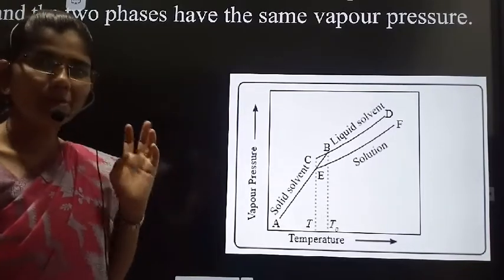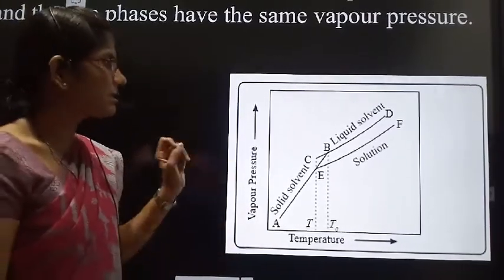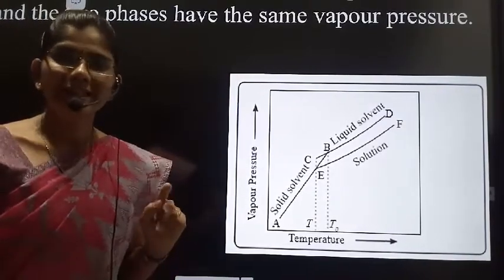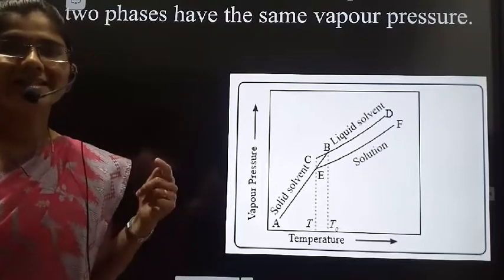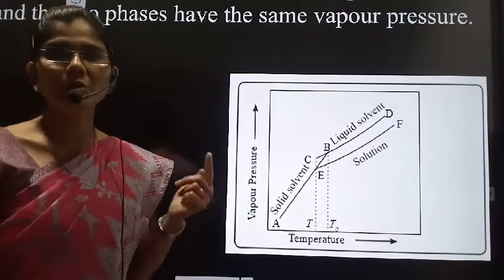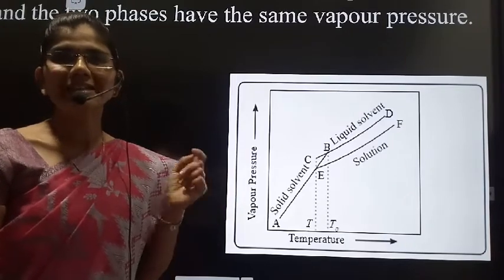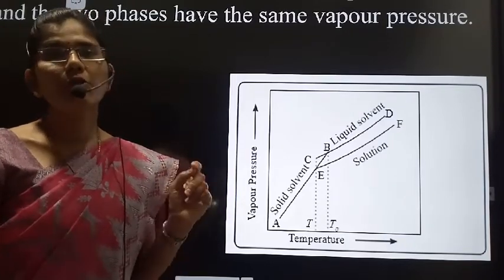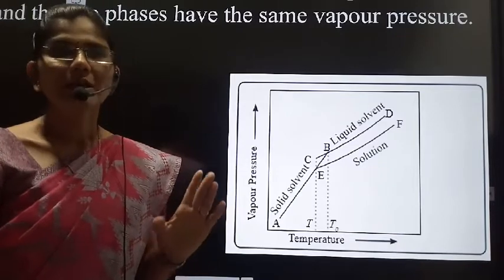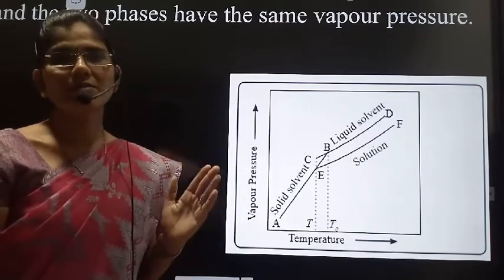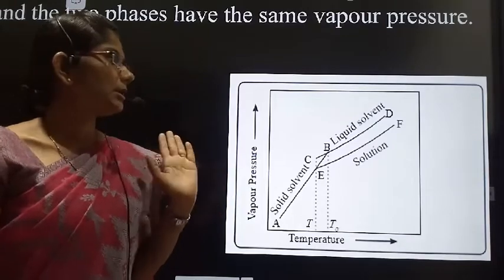That means if we plot a graph of temperature versus vapor pressure, then in the elevation in boiling point, it is observed that there is an elevation in boiling point of the solvent when a non-volatile, non-electrolyte solute is added to the solvent to form a solution. So the boiling point elevation has a direct consequence with the lowering of vapor pressure.